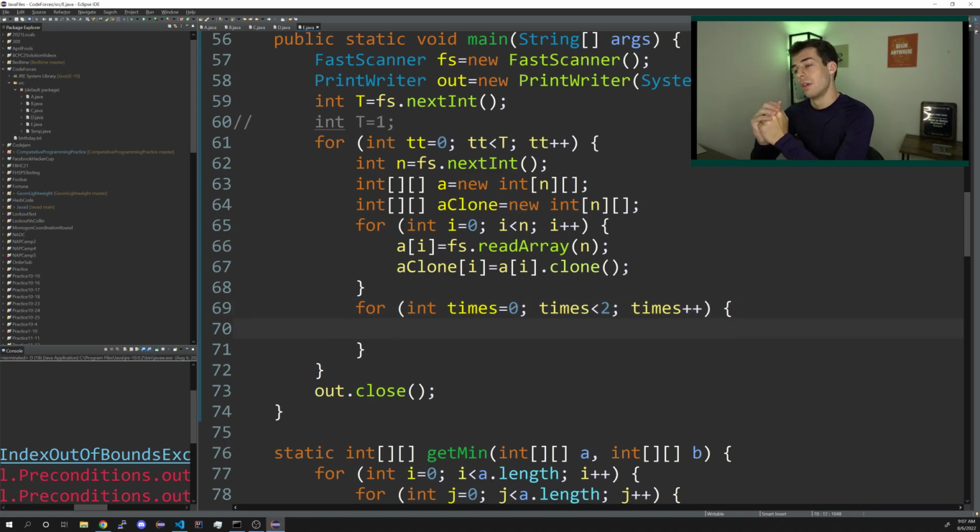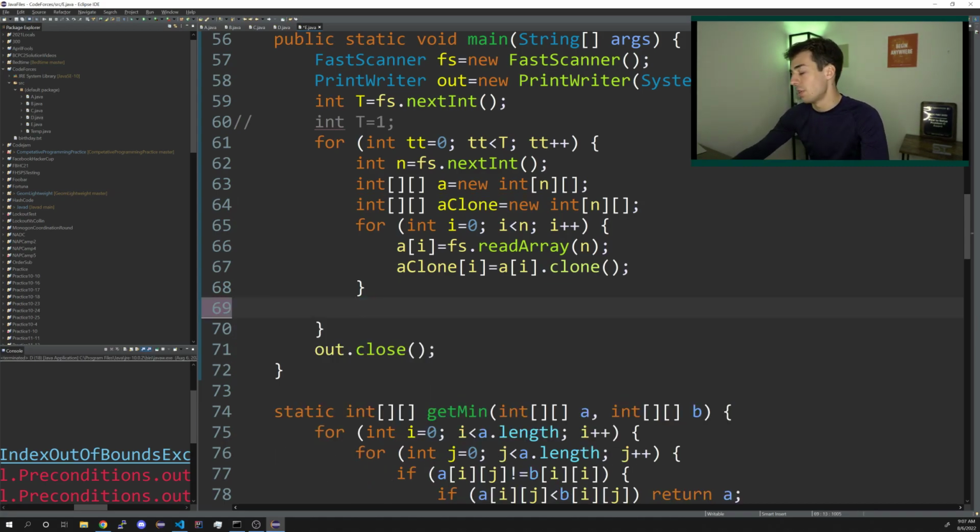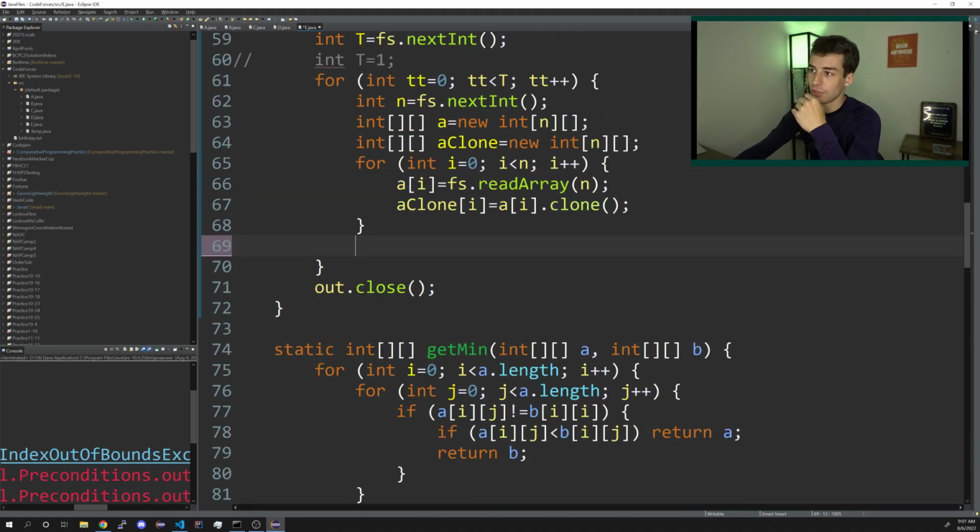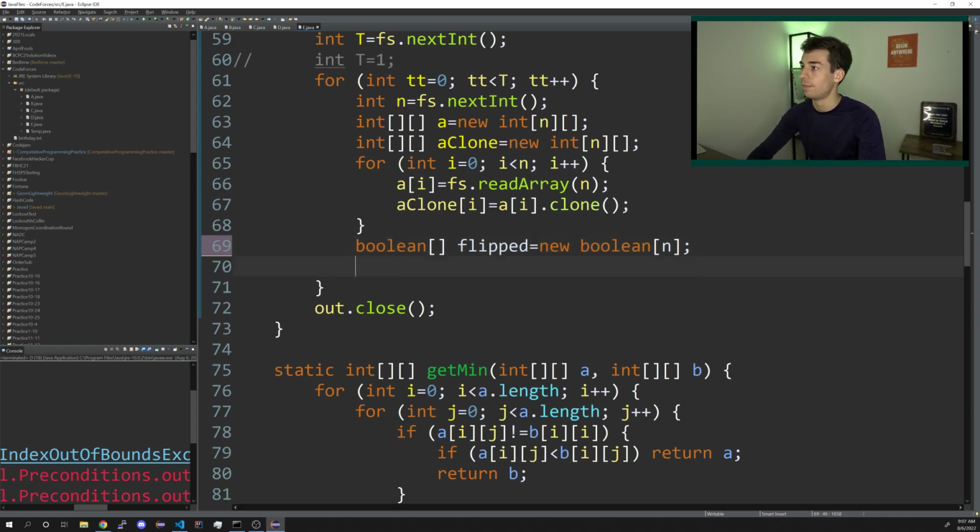We might as well just not do this. I guess we'll just have ugly code and deal with it later if we need to. So boolean array flipped equals new boolean array n.